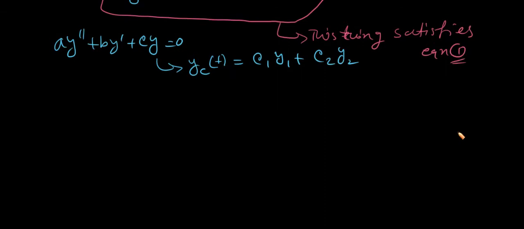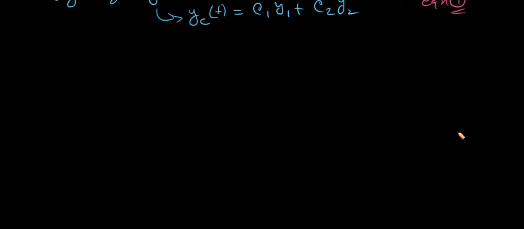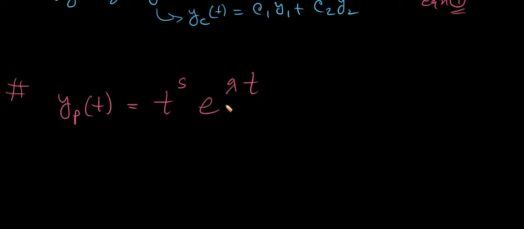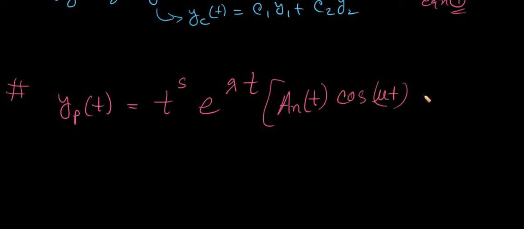To find a particular solution, one needs to choose some form. A particular solution will have the following form in general: e to the power s, and again I will explain these terms, e to the power lambda t, then you have An of t, which is an n degree polynomial, times cosine mu t, then you have Bn, and then sine mu t.